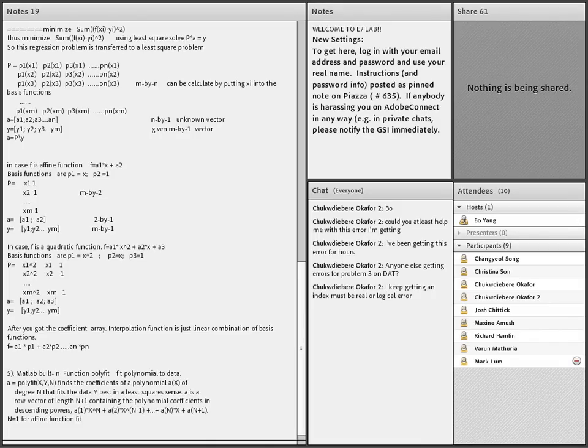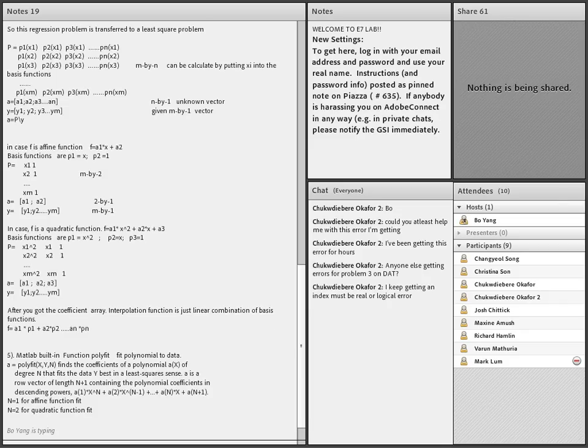For degree N, we have n plus 1 unknown coefficients. If we want to use a thin function to fit the training data, capital N equals 1. For quadratic, capital N equals 2, and for a cubic function to fit the training data, capital N equals 3.